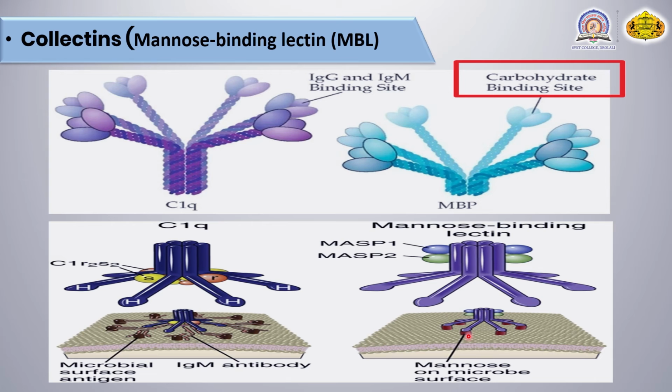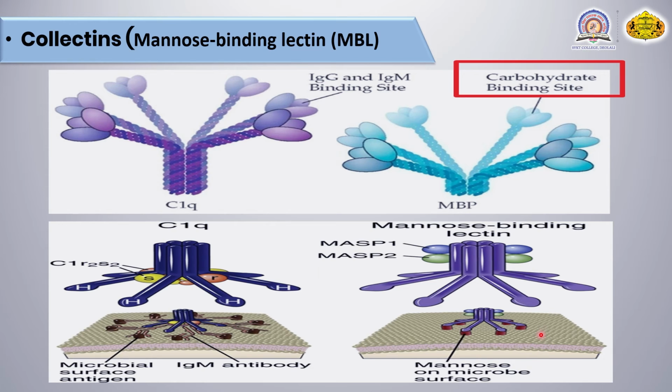And after binding, it further initiates the complement cascade by the alternative or the classical pathway, mainly the classical pathway, and they produce the membrane attack complex, or they may act as opsonins to activate the phagocytic cell, and then they carry out the destruction of this harmful microorganism.